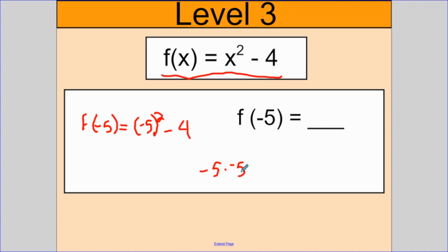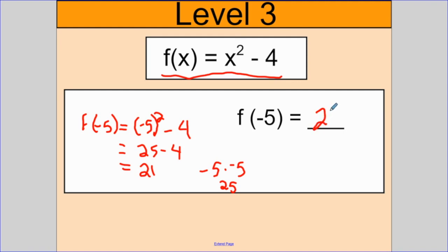And negative times a negative is a positive, and our answer we know will be 25. -5 times -5 is 25. We know that that's 25 minus 4, and we're going to get our f of -5 is 21.